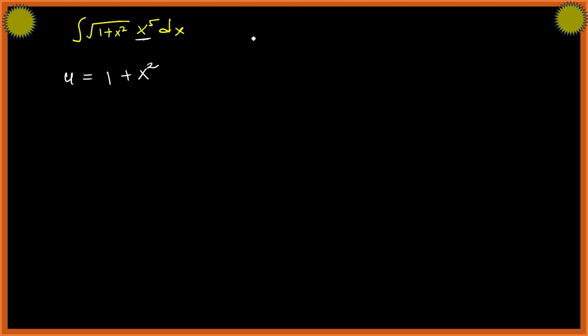Okay, so let me write this one as integral of 1 plus x squared, so we can say x to the power 4 times x dx. Now the reason is we have x squared here and we can get x squared here, so we can say u minus 1 is the same as x squared.